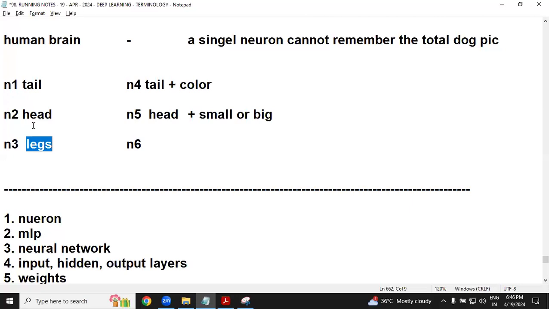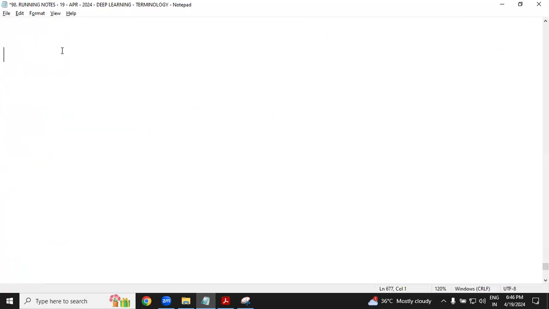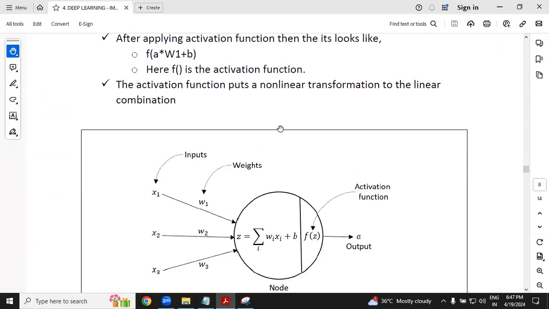Now repeating again. In a neural network, we get inputs. All these inputs will travel through the neural network, and finally we get the output. Even if the inputs are not related, while traveling through the network they will maintain some relationship because of the activation function.